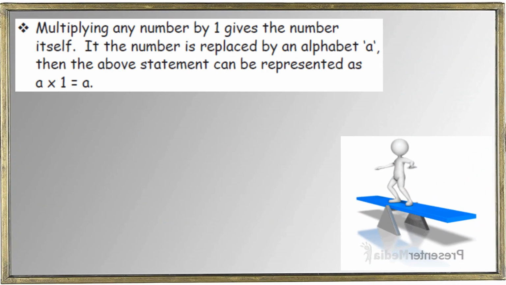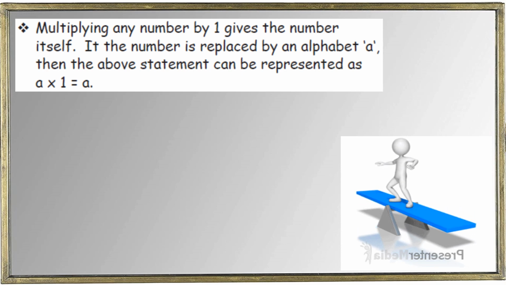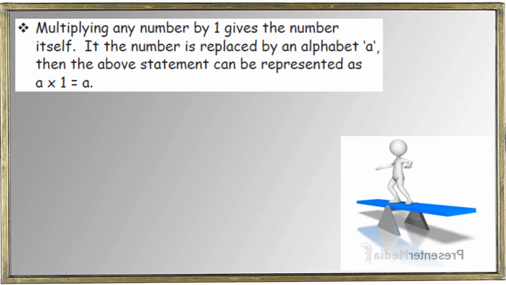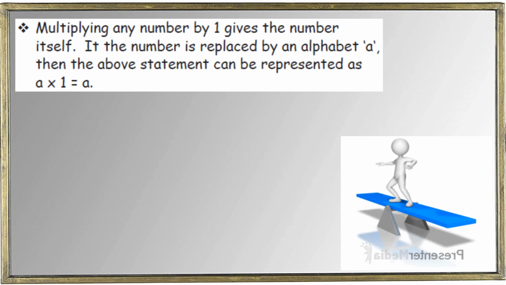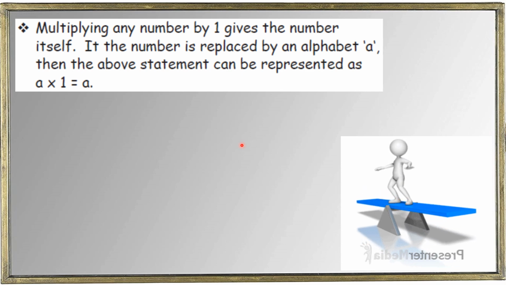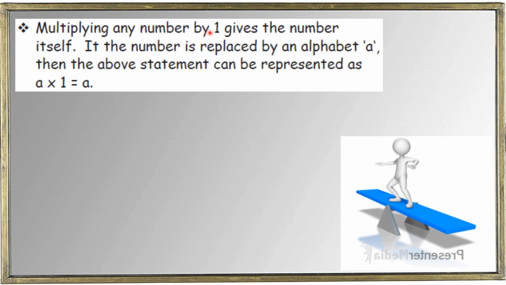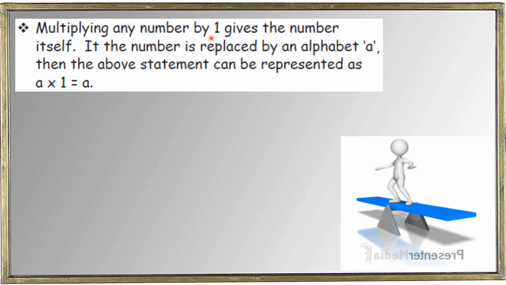So let us see the next one. Multiplying any number by 1 gives the number itself. If the number is replaced by an alphabet A, then the above statement can be represented as A into 1 is equal to A. So listen carefully. It's very easy. Multiplying any number by 1. That means 5 ones are, yes, we get 5 only, isn't it?